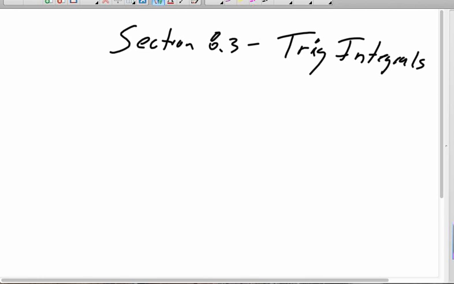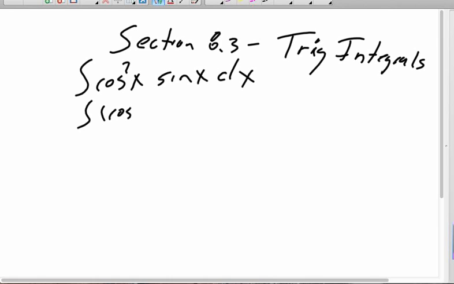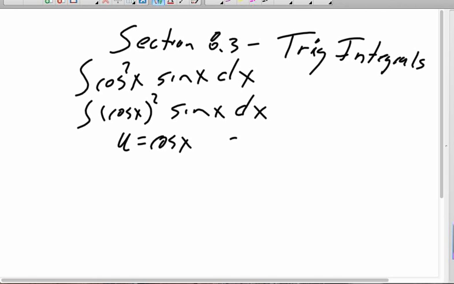The ones we've studied are something where, for example, we have the integral of cosine squared of x sine of x dx, which you can rewrite as the integral of cosine of x squared sine of x dx. Here u would be cosine of x, du should be negative sine of x dx.